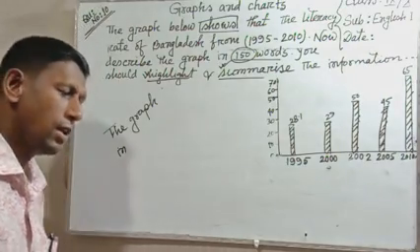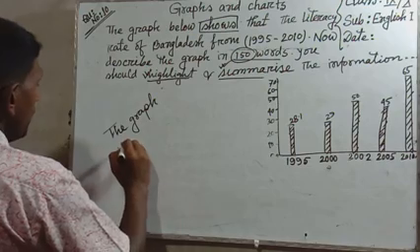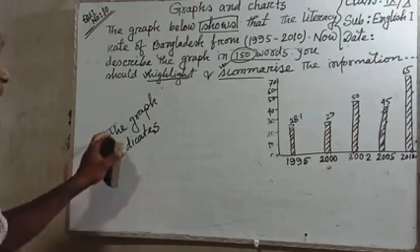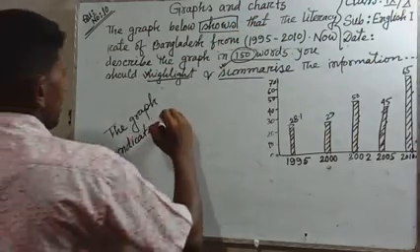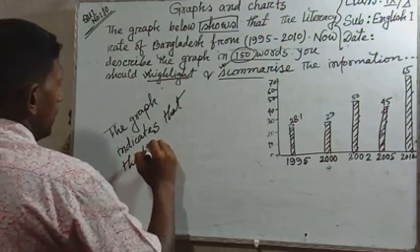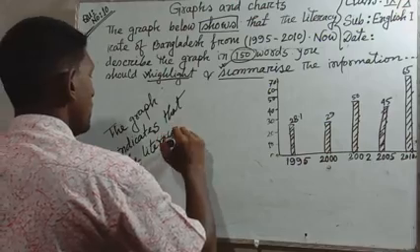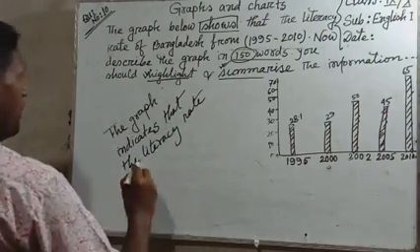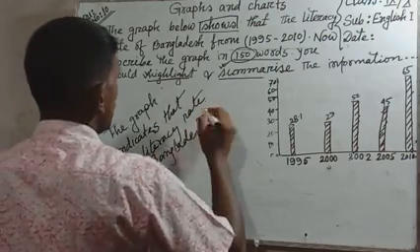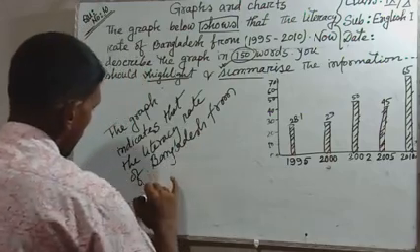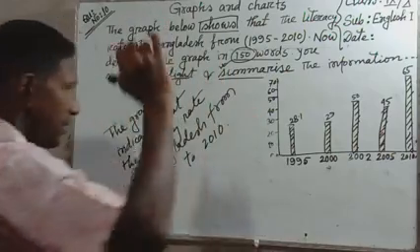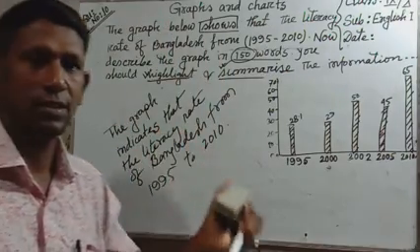So: the graph indicates that the literacy rate of Bangladesh from 1995 to 2010. That is the topic sentence, no hesitation.